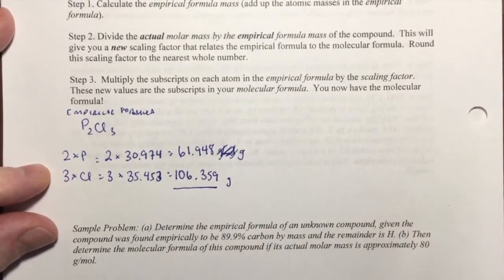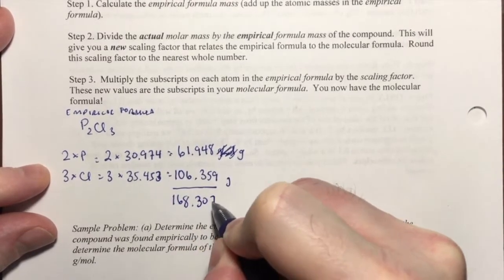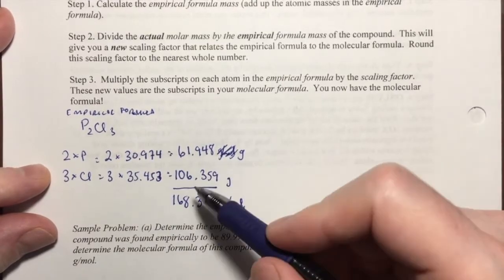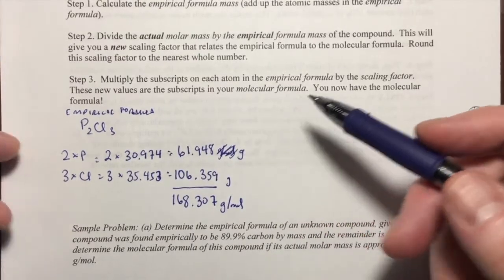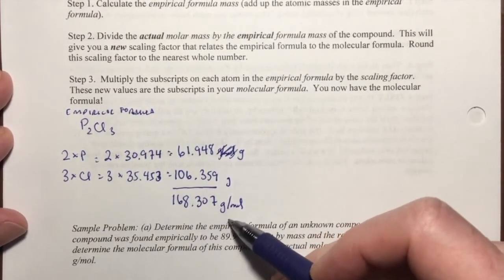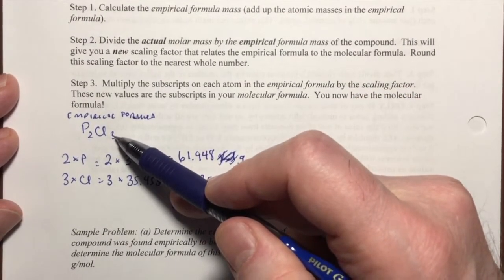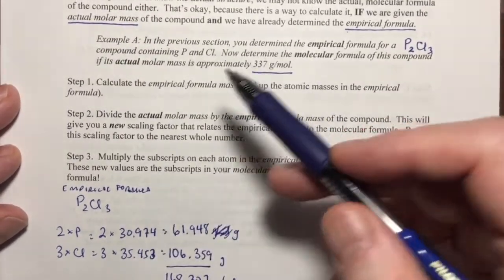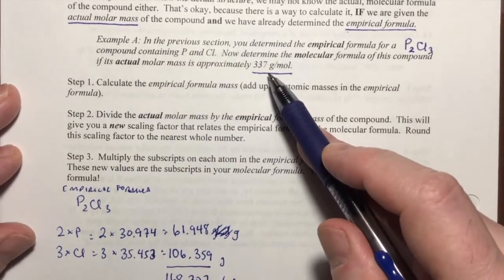Then I'm going to add that up. So 168.307 grams, and that is per mole of that empirical formula. So we have determined the formula mass, the molar mass of the compound if that were its formula. But let's compare it to the formula they gave, the actual molar mass, which is 337.